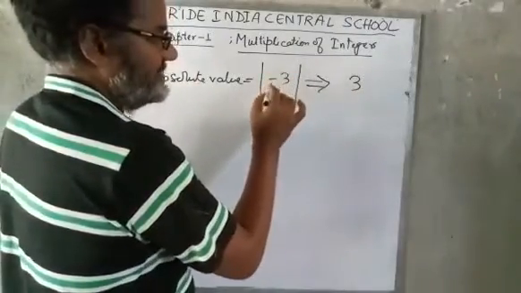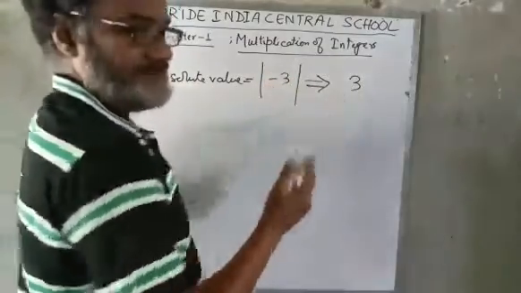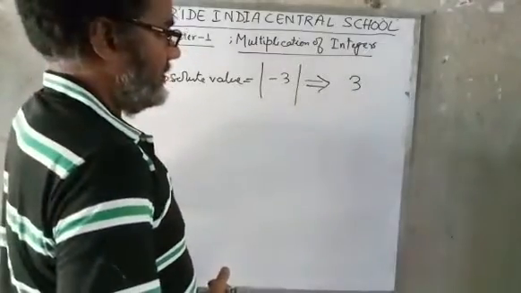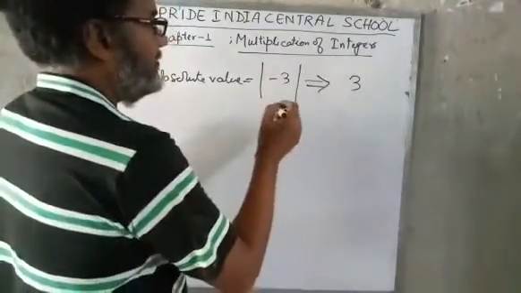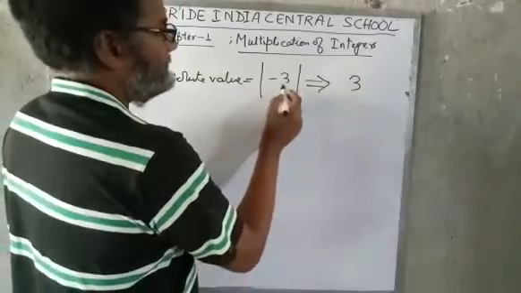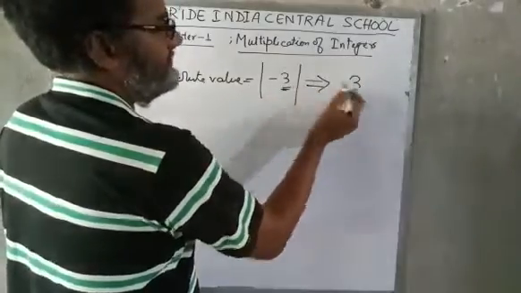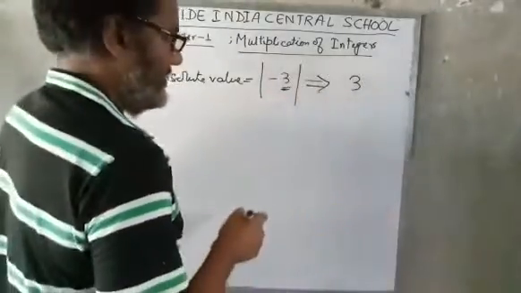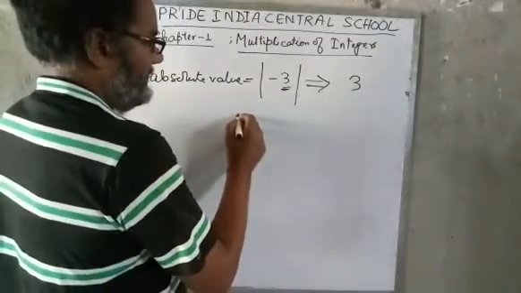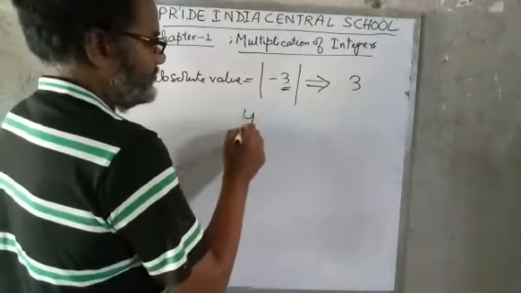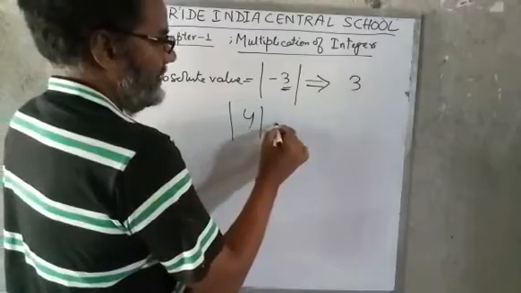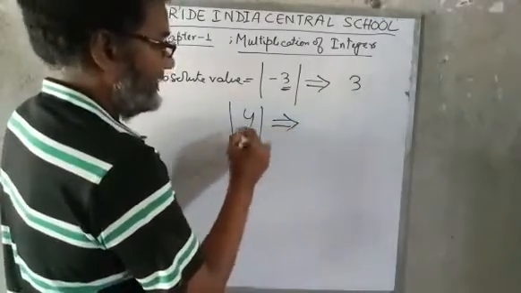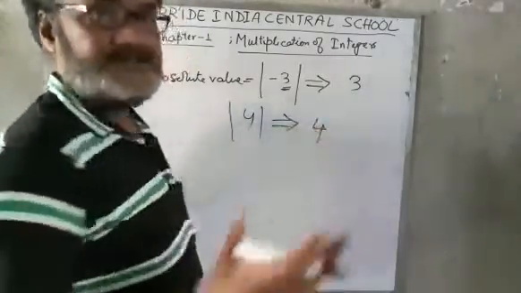This integer has the absolute value of 3, and for that you simply write down the digit itself without any sign. Just like the absolute value of 4 will be the number itself without any sign.